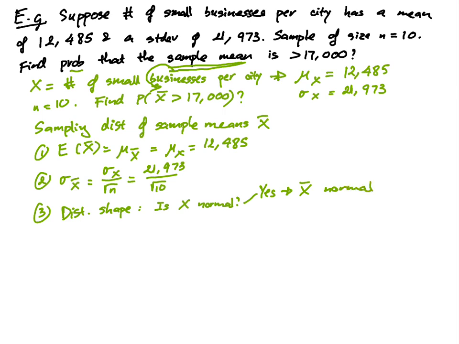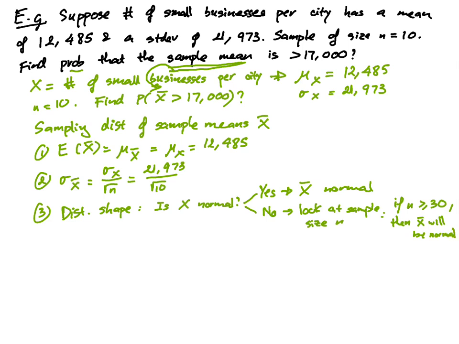If x is not normal, then what do we do? Then we will have to look at the sample size n. If n is greater than or equal to 30, then x bar will be normal.